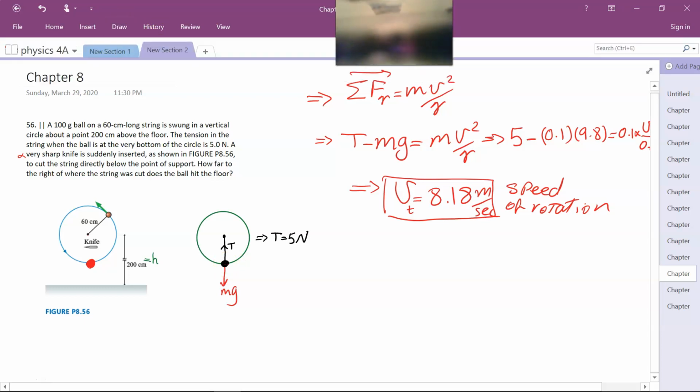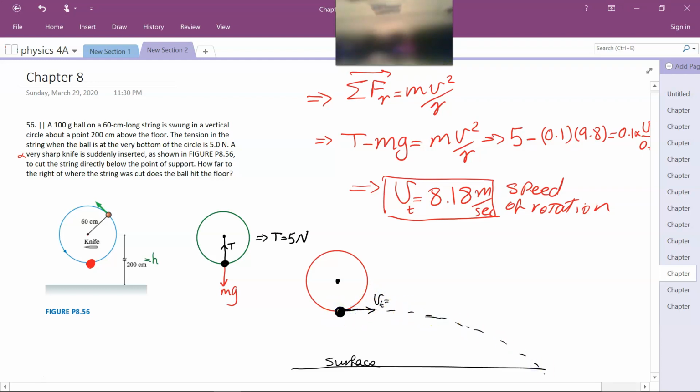So here at this time, let me do another circle. Watch, guys. When the ball is here, there is no tension at this time. Tension is gone. So this is your surface. Ball will go on tangent velocity until what?